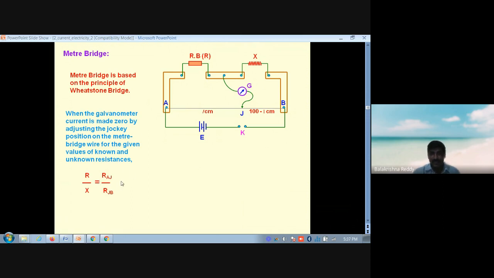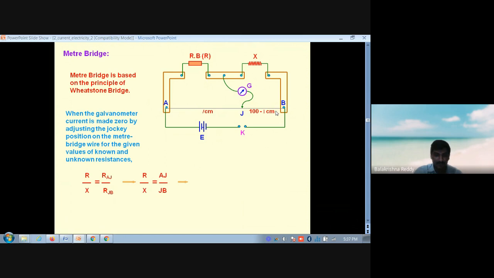Next, R_AJ or R_JB means A to J, whatever the wire length is, and that is R_AJ, the resistance per unit centimeter of wire we are taking here. Same with R_JB, the resistance across J to B, per unit length. That we will rewrite like this.